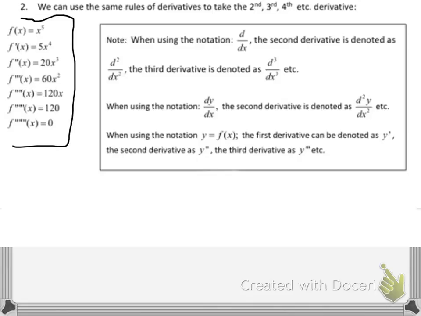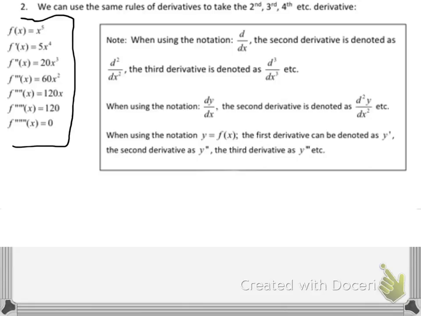If my original function f of x equals x to the fifth, f prime of x is 5x to the fourth. F prime prime, take the derivative of f prime to get f prime prime. And I'm just going to use the power rule over and over and over again. So that's how we would do prime notation for multiple derivatives.